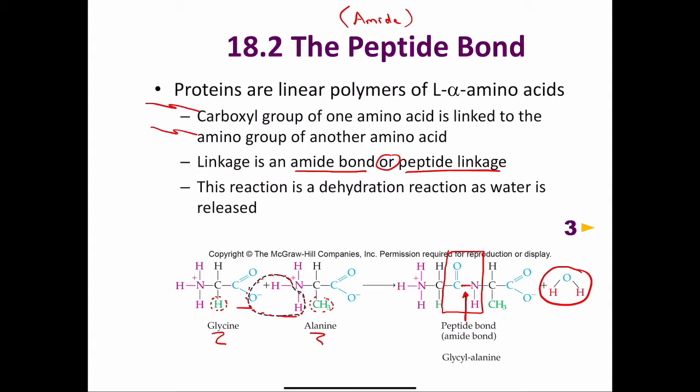The amino acid farthest to the right is our parent amino acid, and the amino acids that precede it, we end them with a shortened version of the name, ending in YL. We'll see other examples of that. So this one we call glycylalanine. And if I had alanylglycine, if I reversed the order of these two amino acids, I would have a completely different dipeptide.